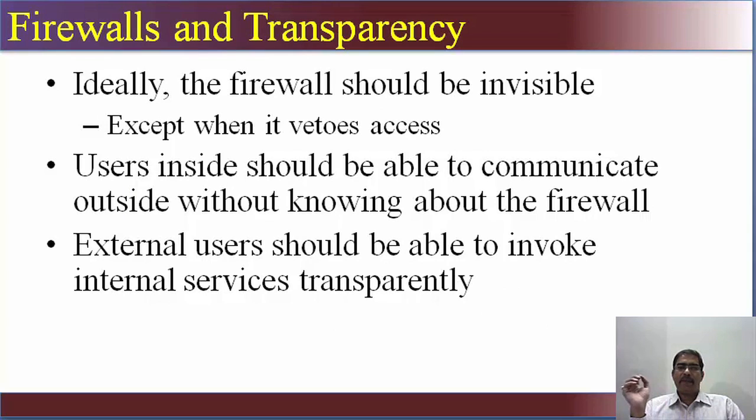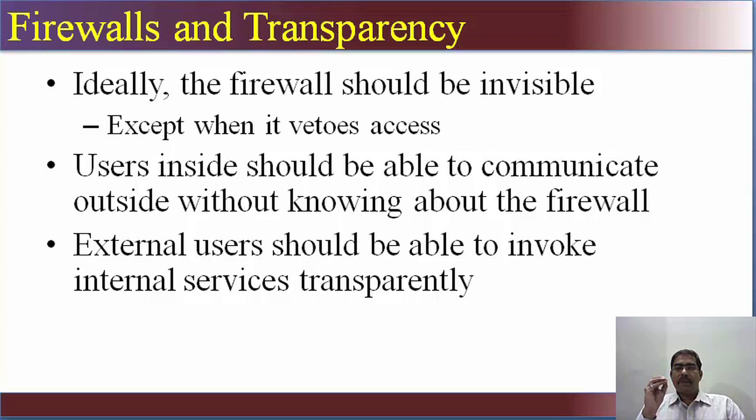A firewall should basically be invisible or transparent, except when it vetoes access, except when it denies access. Users inside should be able to communicate outside without knowing about the firewall. It should be seamless. There should not be a user-unfriendly experience.